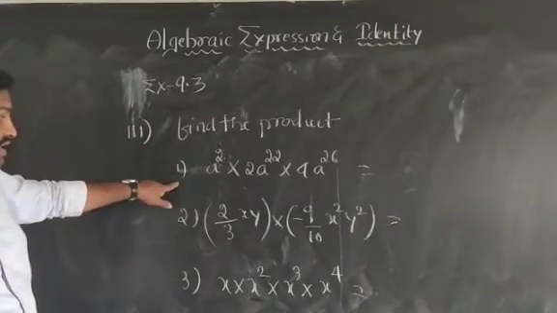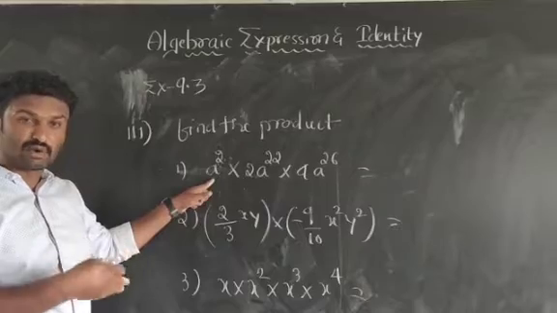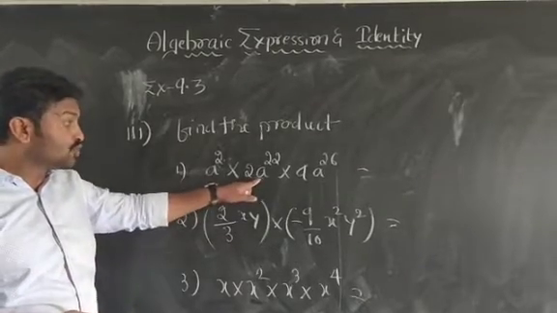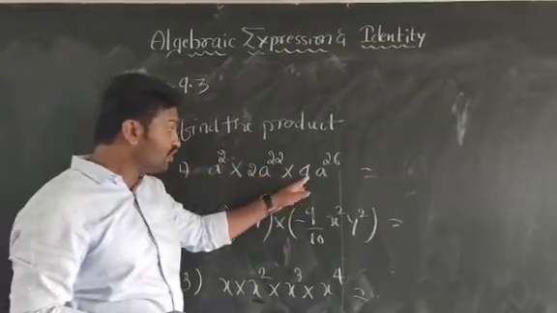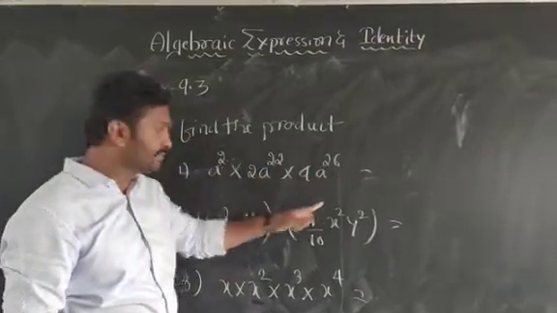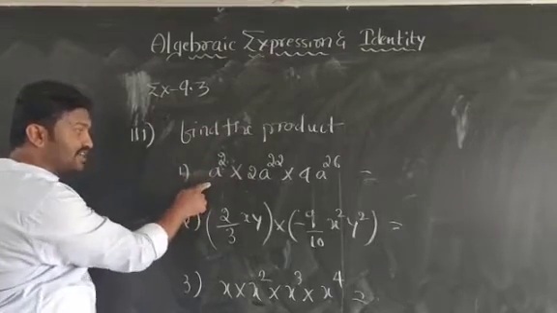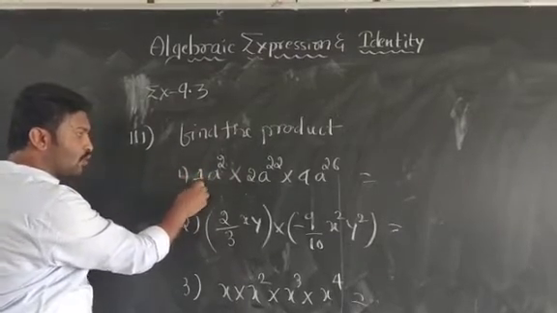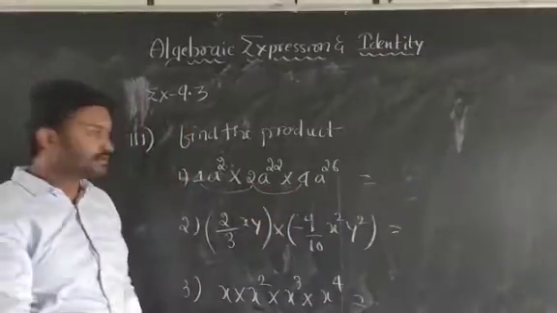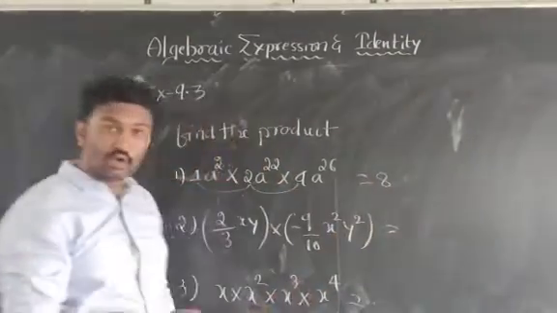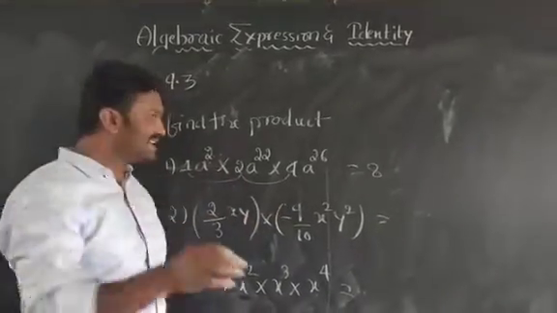Third one, first one: a square, 2a raised to 22, 4a raised to 26. Again, we have to find the product here. First we will multiply the numericals. Here how much is there? The coefficient of a square is 1. 1 into 2, 2. 2 into 4, 8. For the remaining variables we will apply the first law of exponent, right?